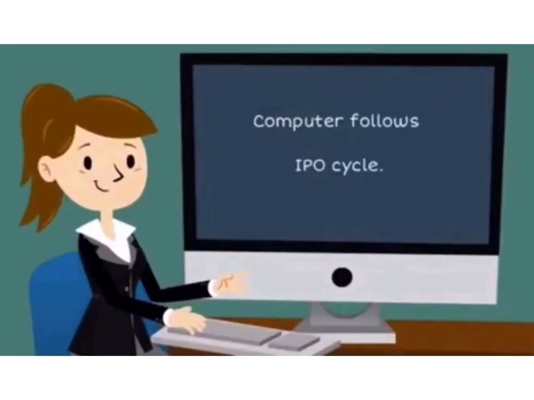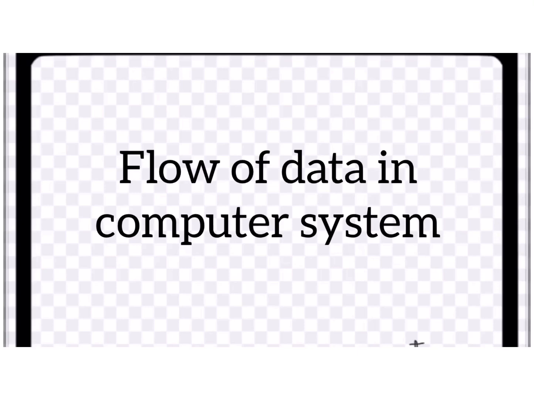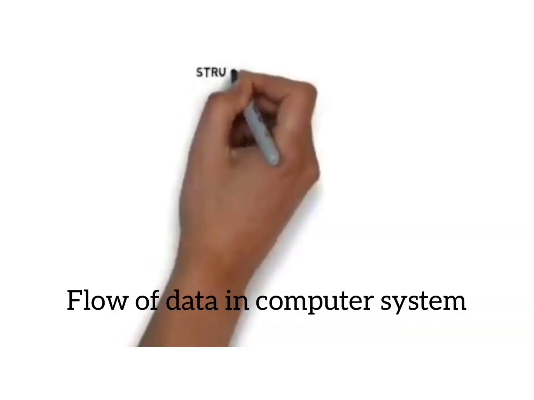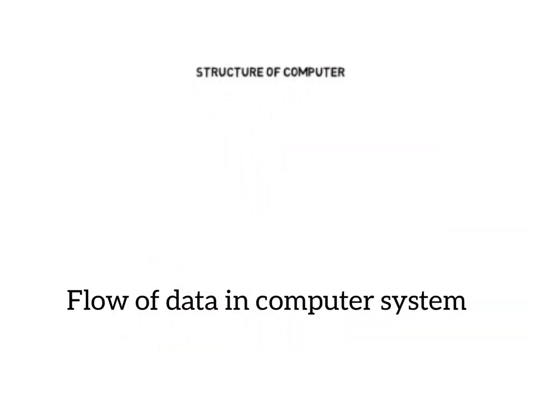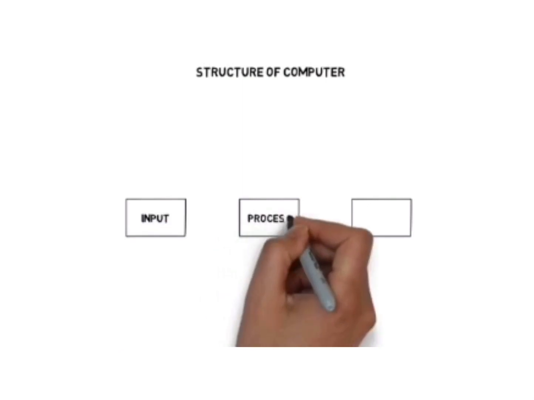Now we will learn the next topic, flow of data in a computer system. To understand the concept of data flow in a computer system, we must know about the structure of a computer, that is input unit, processing unit and output unit.